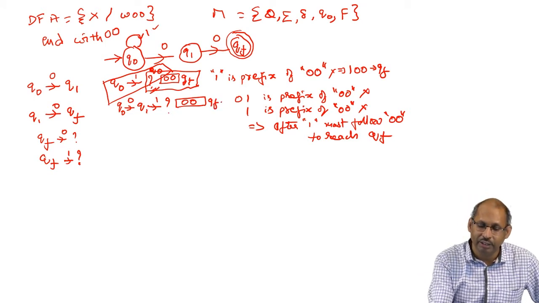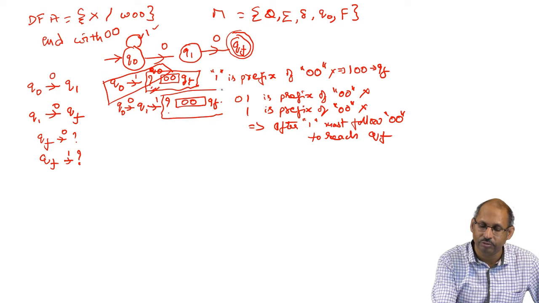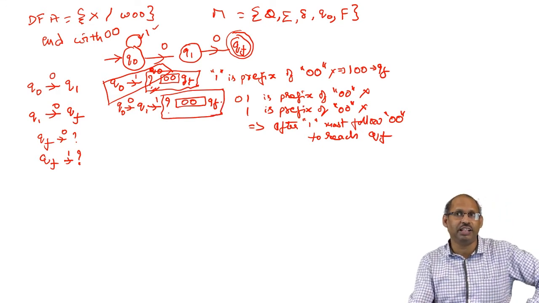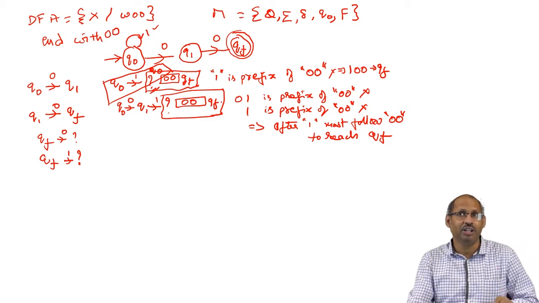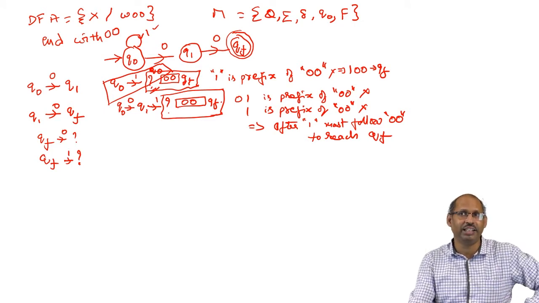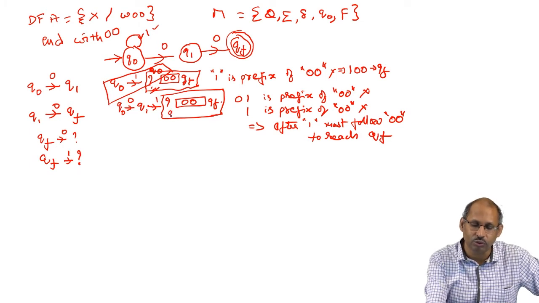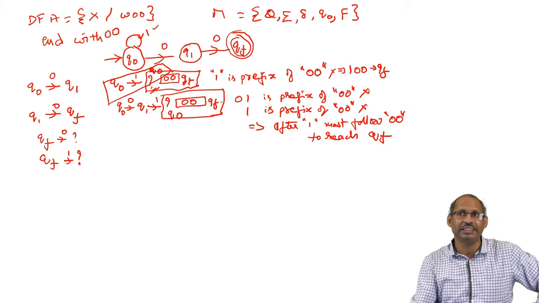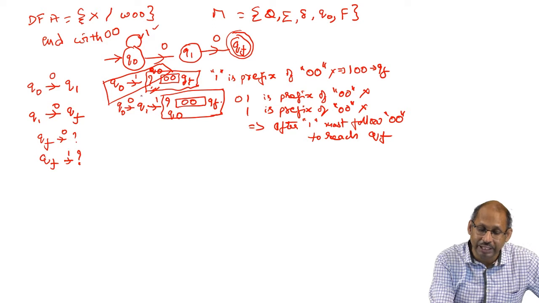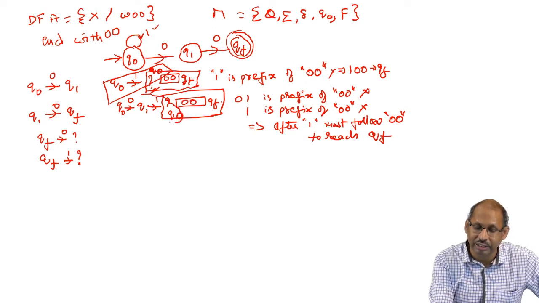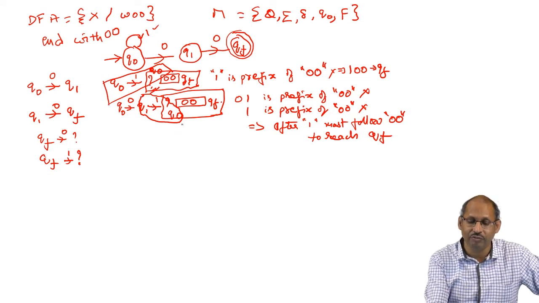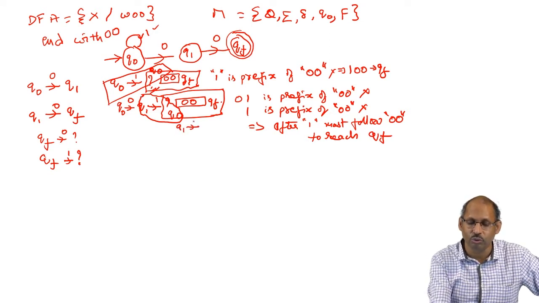Now, which state on 2 zeros reaches the final state? That is Q0. Q0 is a state on 2 zeros that reaches the final state. So what is it implying? It is implying Q1 on 1 goes to Q0.